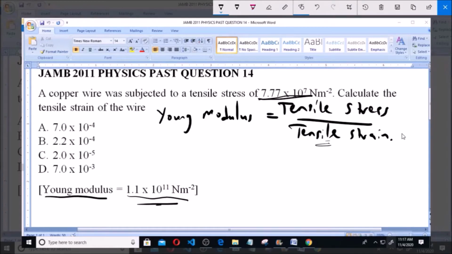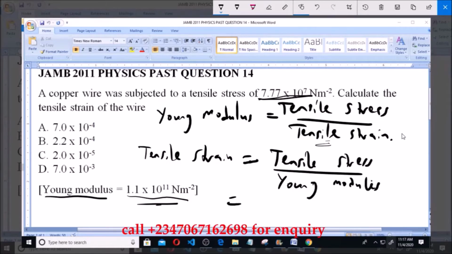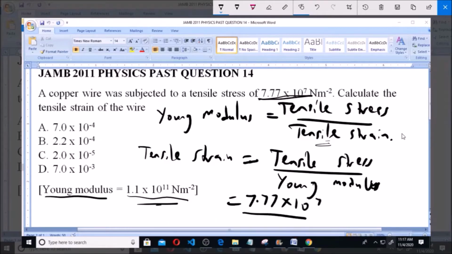Tensile strain is equal to the tensile stress divided by the Young modulus. Substituting the values: 7.77 times 10 raised to power 7 divided by 1.1 times 10 raised to power 11.